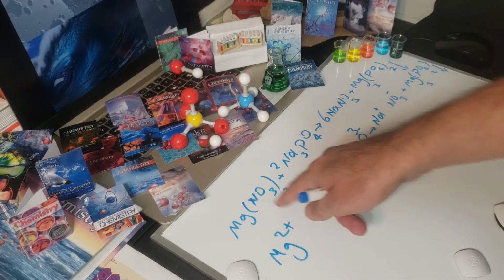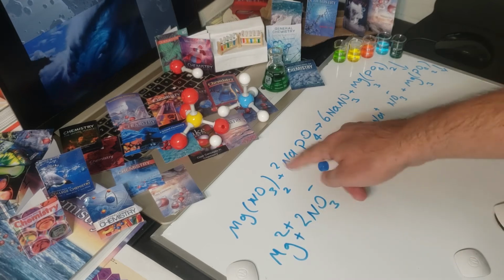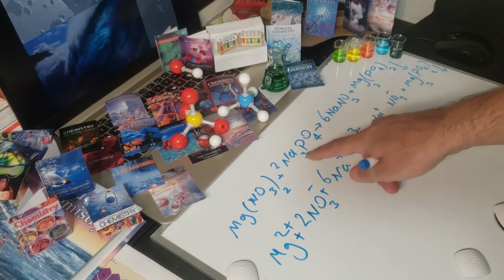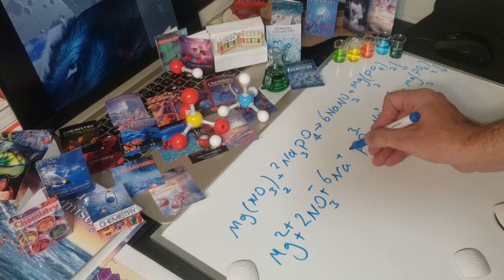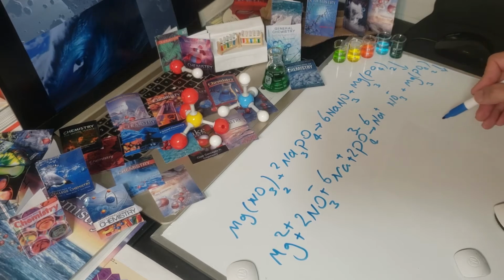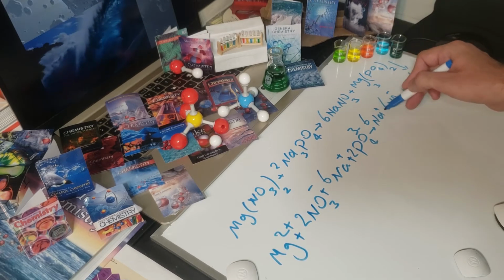So 1 magnesium, 2 nitrates, 2 times 3, 6 sodiums, sodium cation, and 2 phosphate. Okay, here also you have 6 sodium and 6 nitrate.